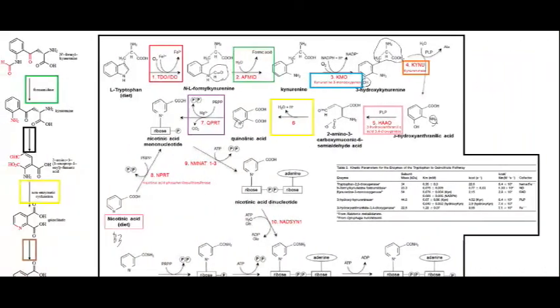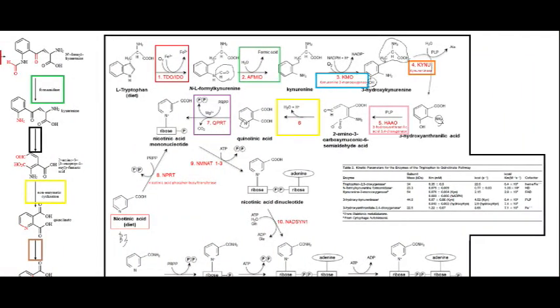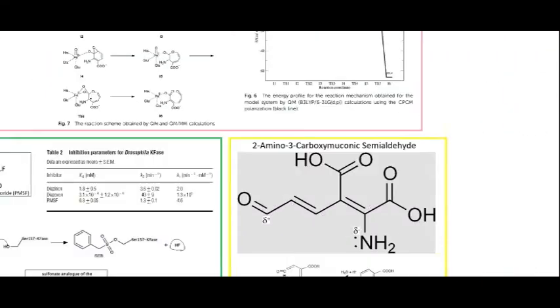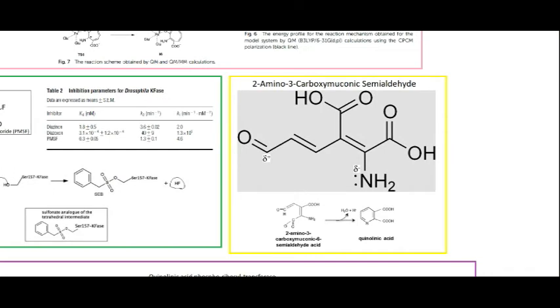All right, so now we've gone from the tryptophan to this ring-opened structure, which I have over here in yellow. So we can see the mechanism for how this ring would close, and this is a non-enzymatic ring closing. The nitrogen here would attack that carbon there, and the electrons move out onto that.